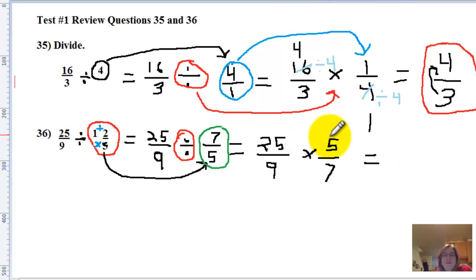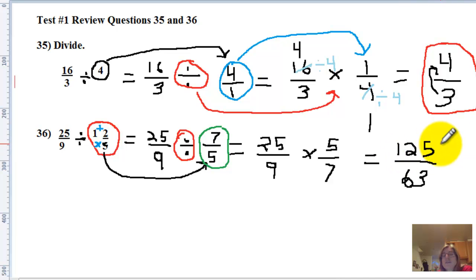So we just multiply as normal. The numerators, multiply those, 25 times 5 is 125, and 9 times 7 is 63. Now my brain thinks, well, is this divisible by 3? 1 plus 2 is 3, plus 5 is 8.